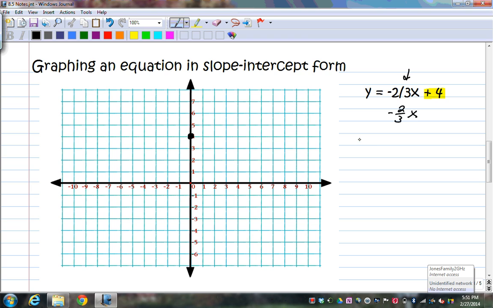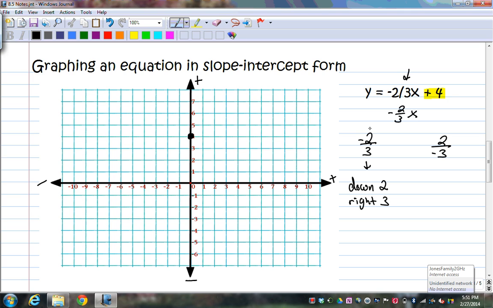Now the slope can be like this, with a negative on top, or it can have the negative on the bottom. This one here means move down, because this is a negative direction, this is a positive direction, this is a negative direction, this is a positive direction. So this means down 2, and then right 3.